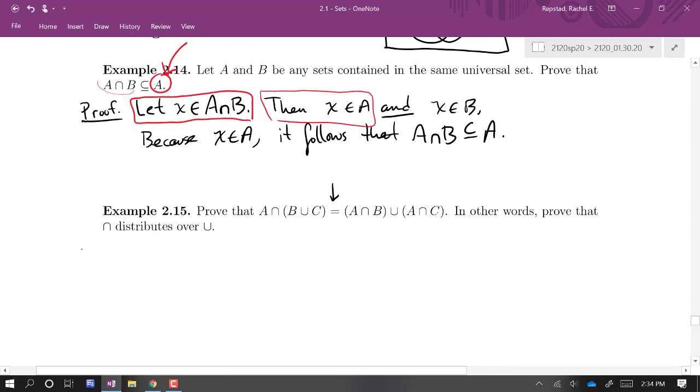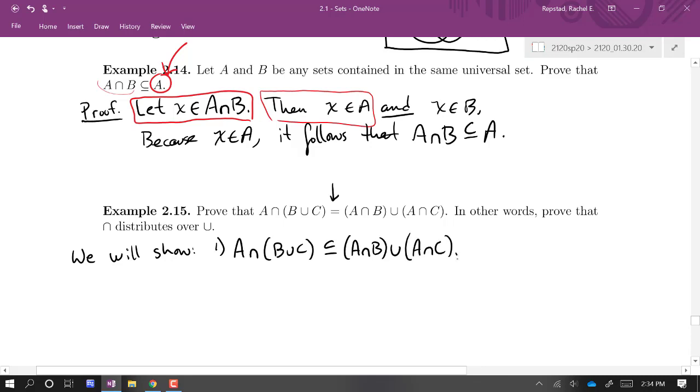Because I know that showing two sets are equal requires me to do two proofs, I'm going to just set that up. I'm going to let the reader know this is my plan. So we will prove two things. One will show that A intersect B union C is contained in A intersect B union A intersect C. And then we'll show that the right side is contained in the left side.